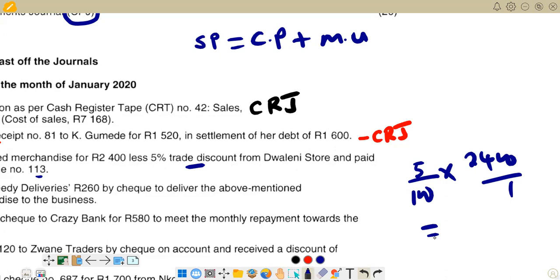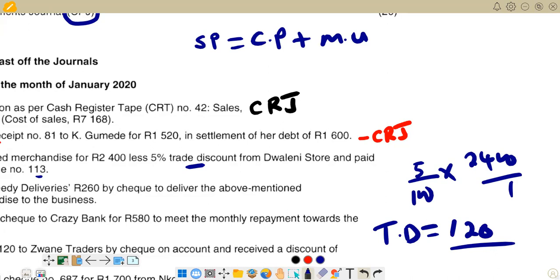So if we calculate that one, 5 over 100 is 0.05 as a decimal. Then you multiply by 2,400. You're going to get 120. So this is our trade discount.